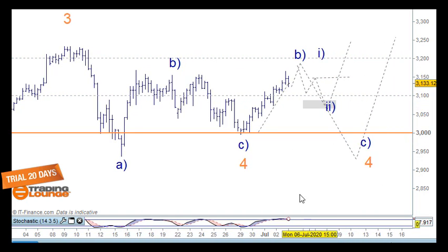And also too, with this move up through here, you can see the angle of this, how sharp it was, and this push here. This one's on an angle here, and that's normally what a C wave does. So if we're looking at this as an A wave up here, a B wave here, and a C wave here for the B wave, the C wave's on quite an angle here.